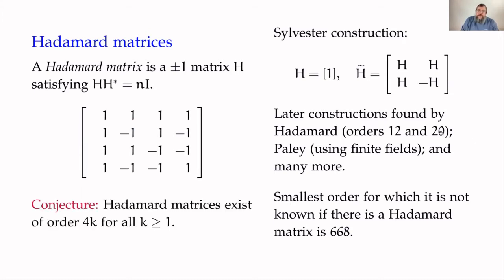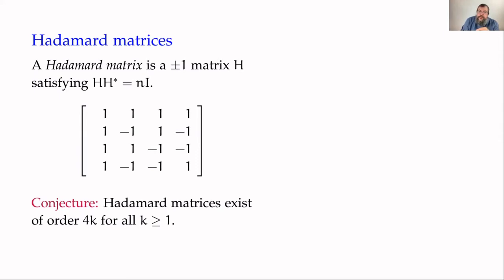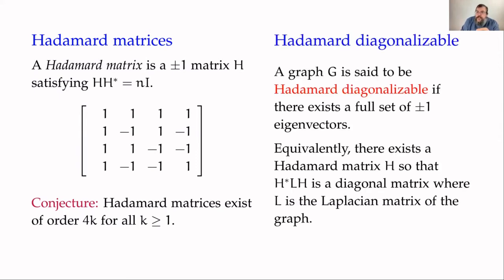So what we will talk about is the following: what does it mean to be Hadamard diagonalizable? A graph G is said to be Hadamard diagonalizable if the columns of a Hadamard matrix can be its eigenvectors.